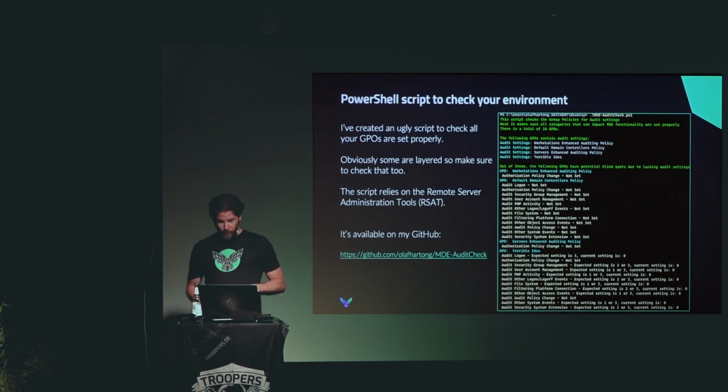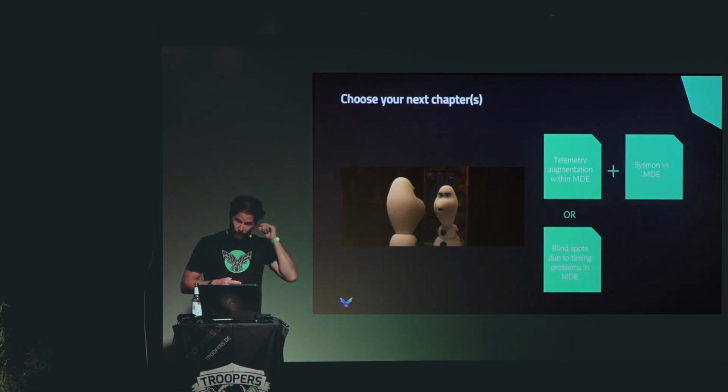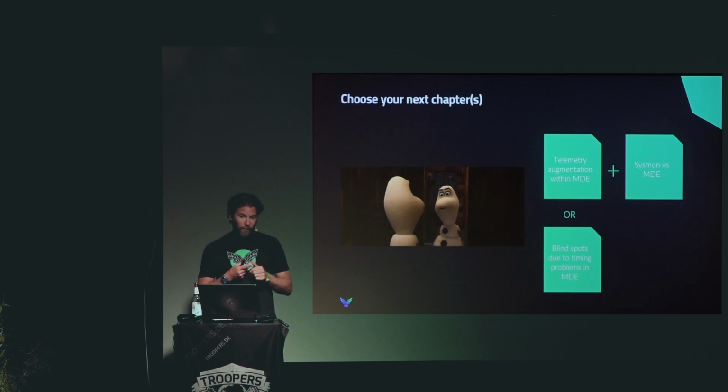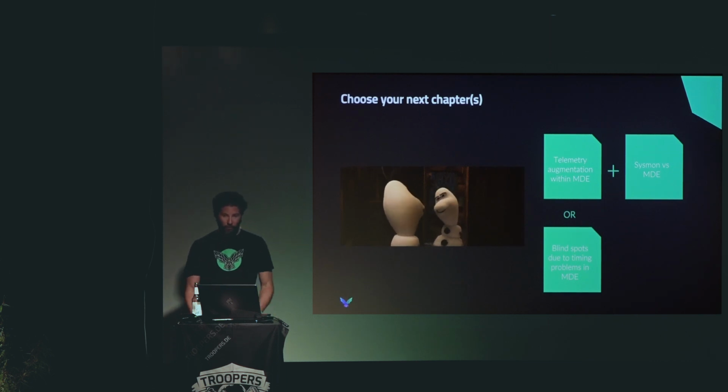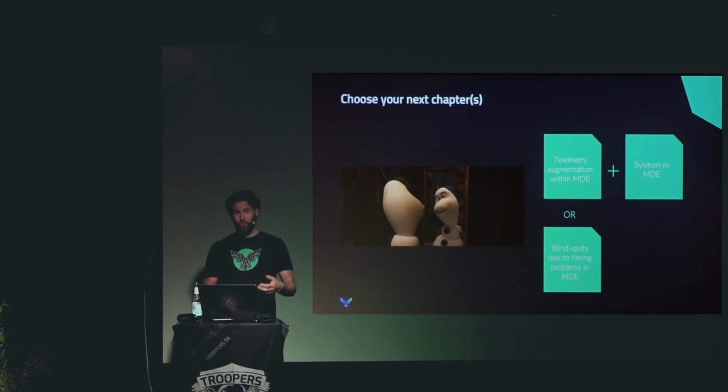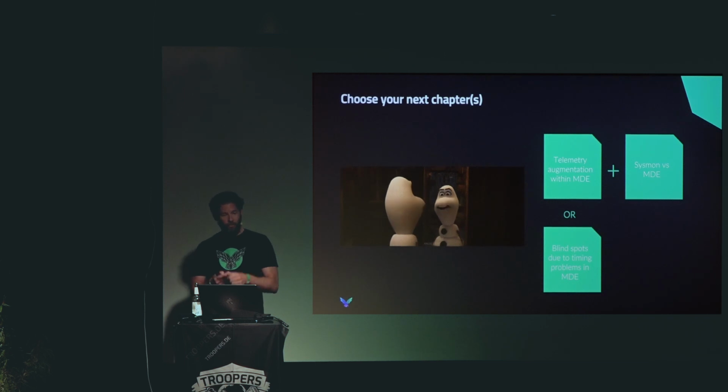So we have about 10 minutes left, and I have 2 topics to discuss. So either, and I want to raise of hands, I have telemetry augmentation, so all the blind spots or some of the blind spots can be fixed. So I have a solution for that. Or there are all kinds of issues with timing, ingestion time, scheduler times, all kinds of other things.